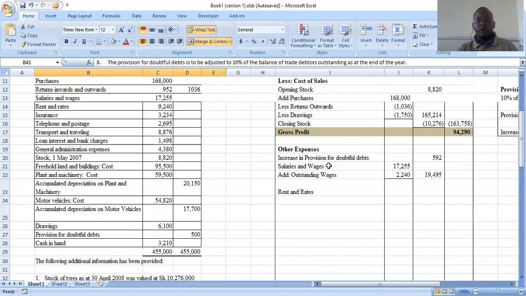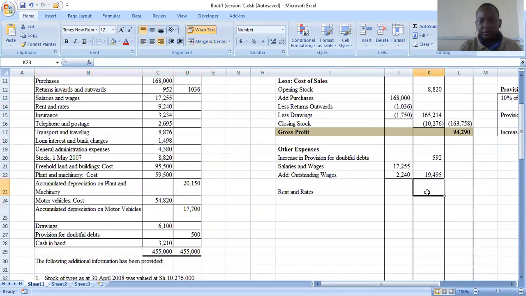So I don't see any additional information for rent and rates, so we take it as it is, 9240. We move on to the other expense, which is insurance.